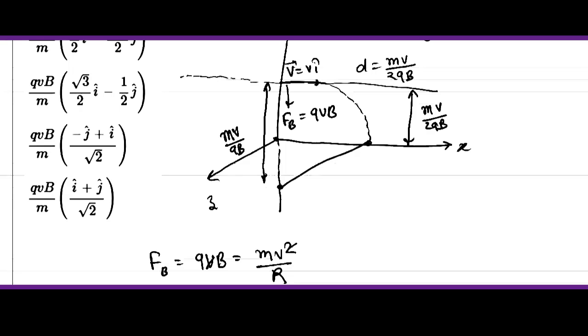So at this point, if the velocity is v in this direction, since the velocity magnitude won't change, you could see here this radius is r, then this length is r by 2, and again this length is also r by 2, right? So you can find out this angle theta, right?